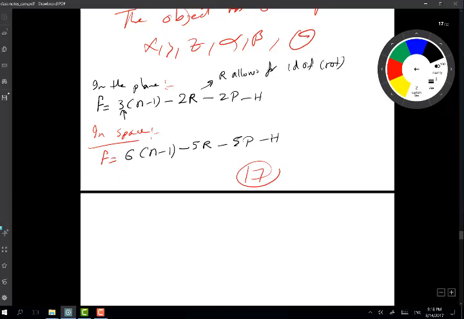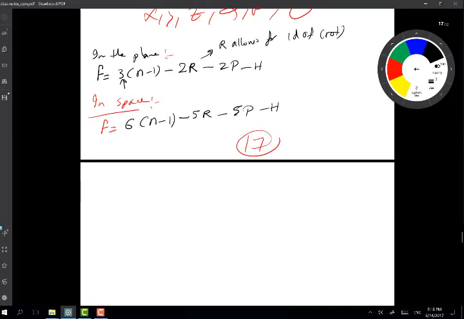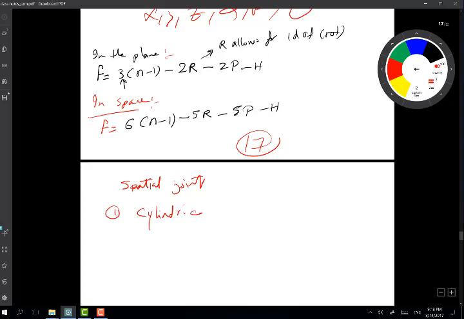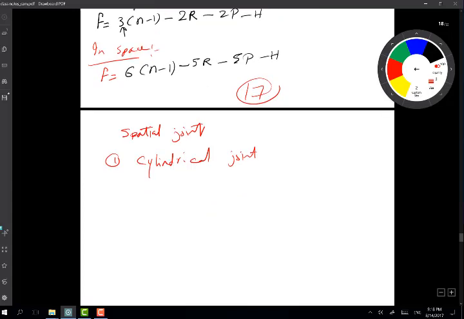All right, that's all good so far, except in space I have 2 joints which I couldn't use in the plane. I'm going to call them special joints, so let's give them a name. One of them is a cylindrical joint, and the other one is the ball and socket joint.